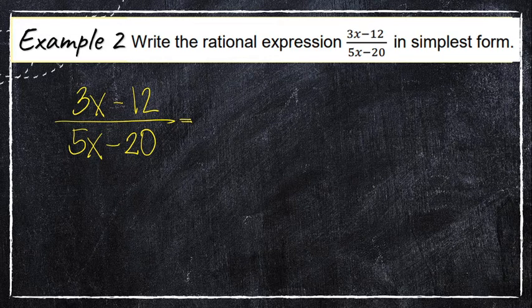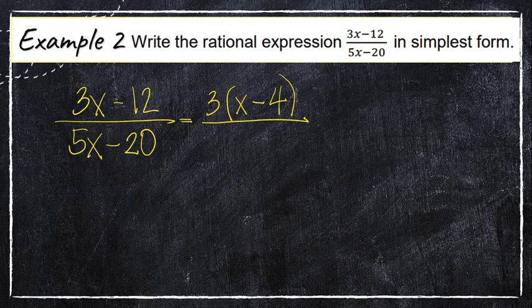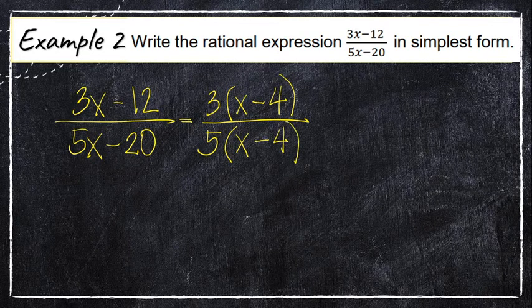So we're going to get the GCF of 3x and 12, which is 3. 3x divided by 3, the answer is x. Negative 12 divided by 3 is negative 4. Over. The GCF of 5x and 20 is 5. 5x divided by 5 is x. Negative 20 divided by 5 is negative 4.